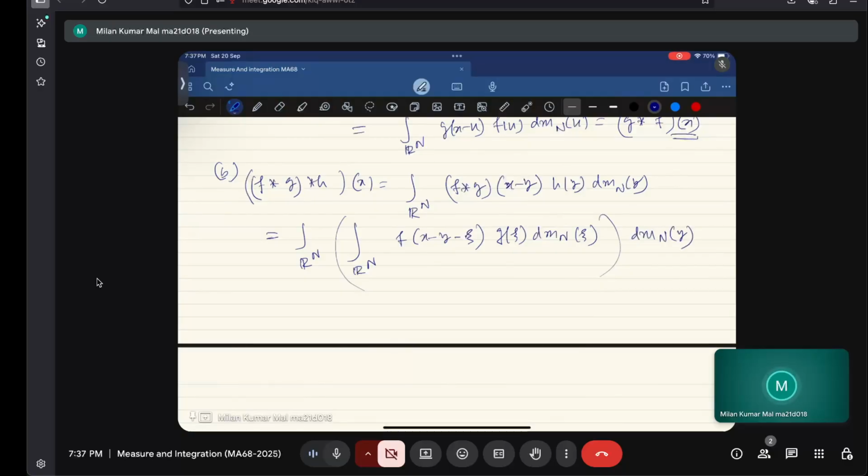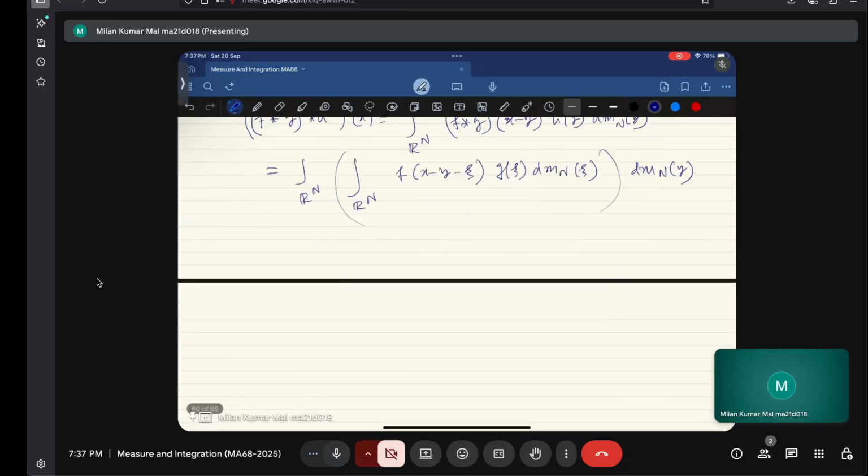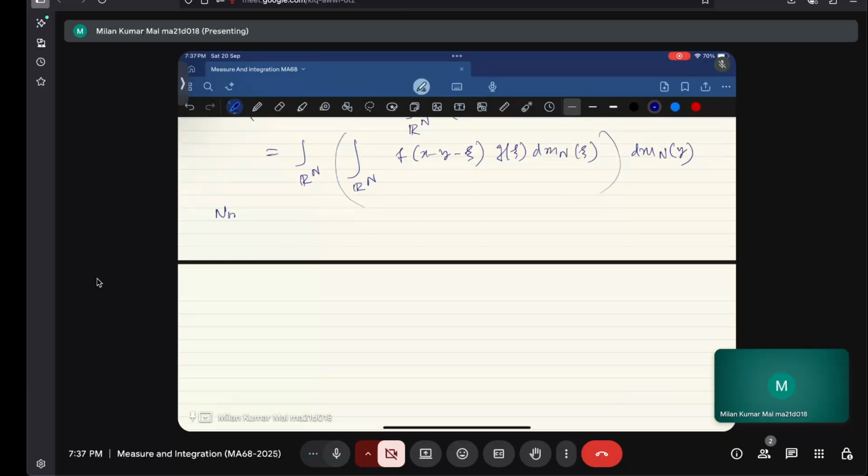Now note that, consider capital F, a function from R^n × R^n × R^n to R, given by F(x, y, z) equals f(x − y − z) g(z).